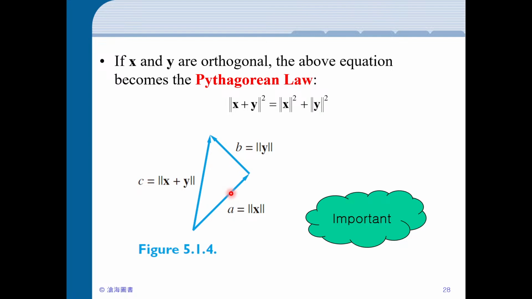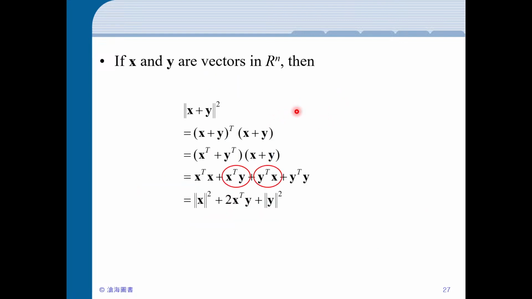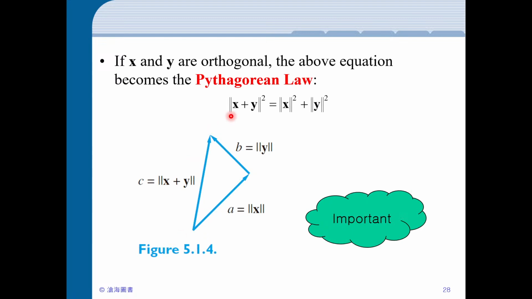And we get the Pythagorean rule, which says that the norm squared of x plus y equals norm squared of x plus norm squared of y if x transpose y equals 0. So if x and y are orthogonal, then your x vector and y vector are like this, and you have a squared plus b squared equals c squared, where c is the long edge of the triangle here.